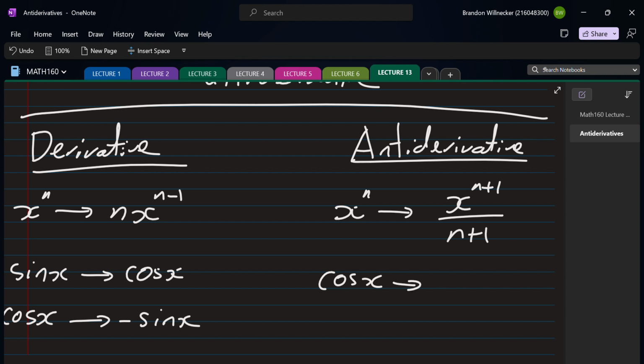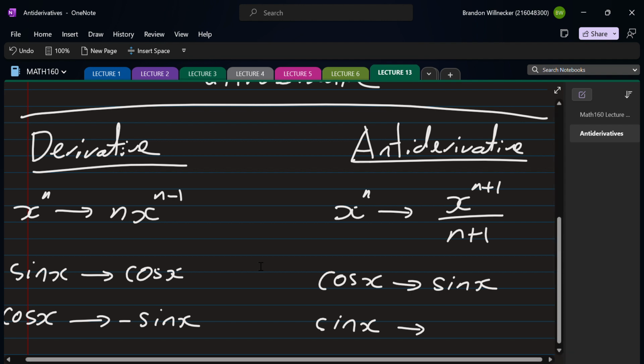So cos x goes to sine x, and sine x goes to minus cos x because we've got this minus sign here. Okay, if we multiply both sides by the negative, we see that going in the opposite direction gives us minus cos x. Okay, please do not mix them up.